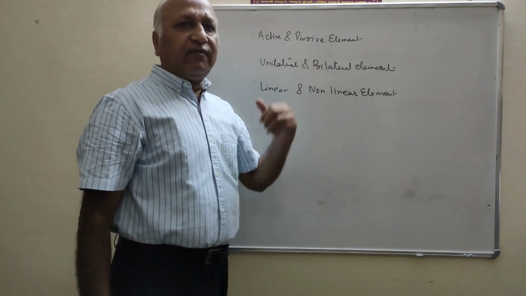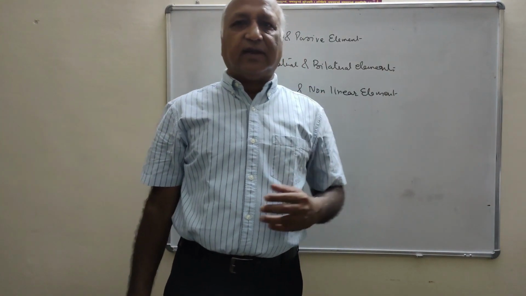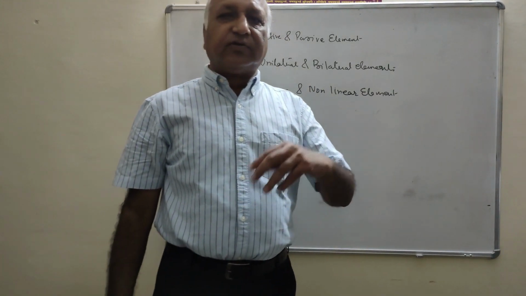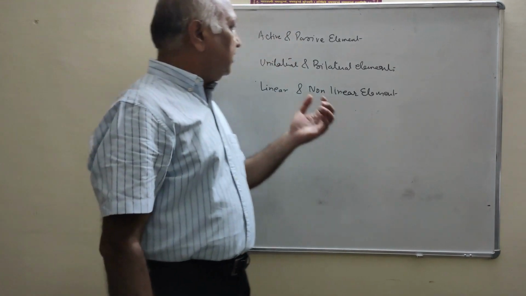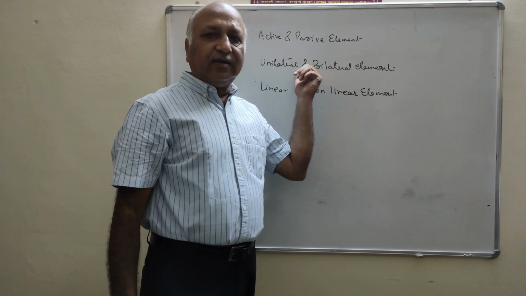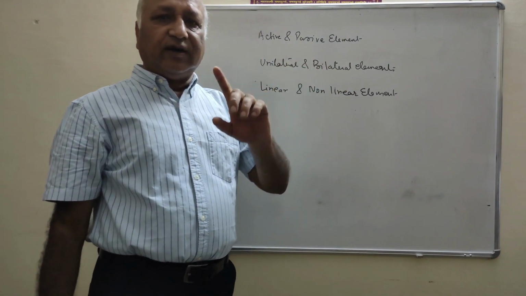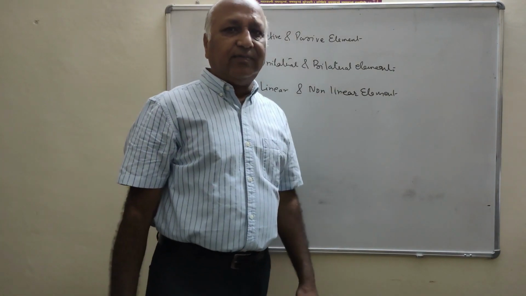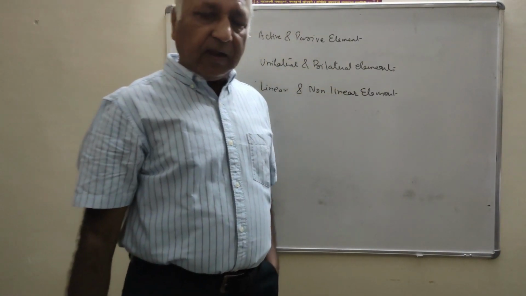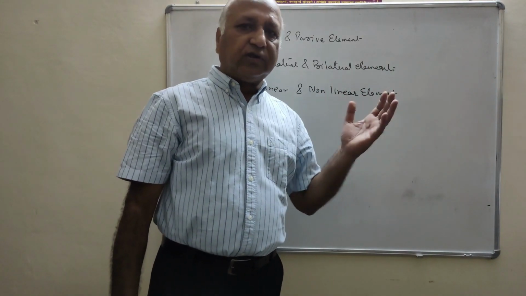Clear? The examples of active elements were the voltage source and current source, in which we discussed the practical voltage source, ideal voltage source, practical current source and ideal current source. Similarly, for unilateral and bilateral elements, the example of unilateral is the diode, where current conducts in only one direction, and the bilateral elements are R, L and C, and we conclude that in resistance the current flows in both directions.